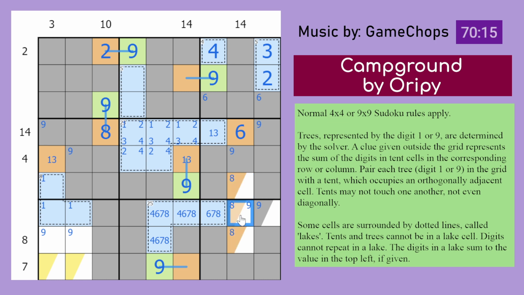If it was anywhere else, if it was in one of those cells, then you would only have 2 tents here. 1 here and 1 here. No, I think it still could be anything. Whoopsies.